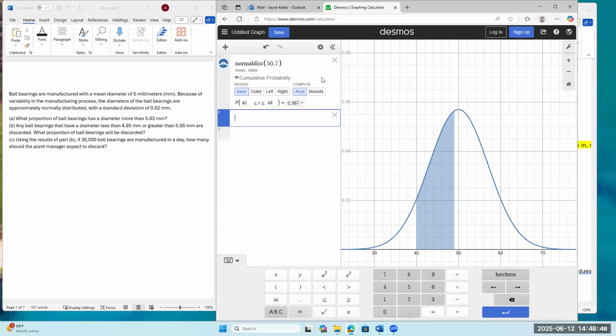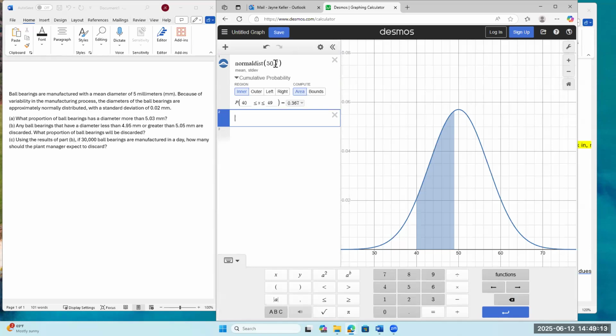And now let's look at an example of a word problem using the normal distribution. So over here you can see that we have a plant that's manufacturing ball bearings with a mean of 5 millimeters and a standard deviation of 0.02 millimeters. So to answer questions about this, I'm going to use the normal distribution because they told me that it's normally distributed.